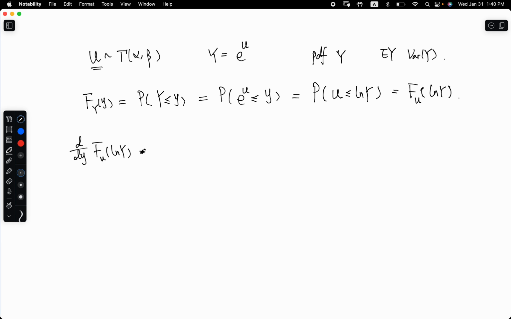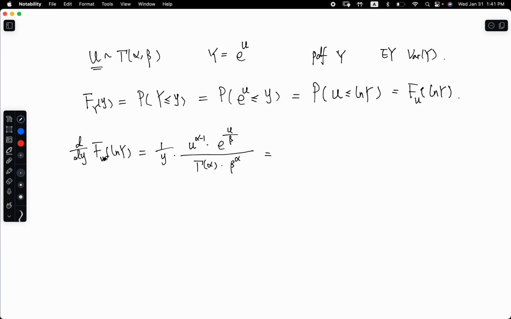So first of all, just to make sure that we don't forget the chain rule, we take the derivative with respect to the quantity inside the parentheses. So we have 1 over y, and then we have the PDF of U. Here I'm first going to write u to the alpha minus 1, because U follows a gamma distribution, times the exponential of minus u over beta, over the gamma function of alpha and beta raised to the power of alpha.